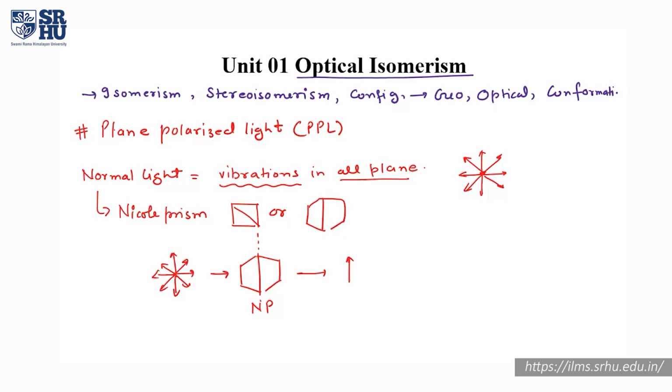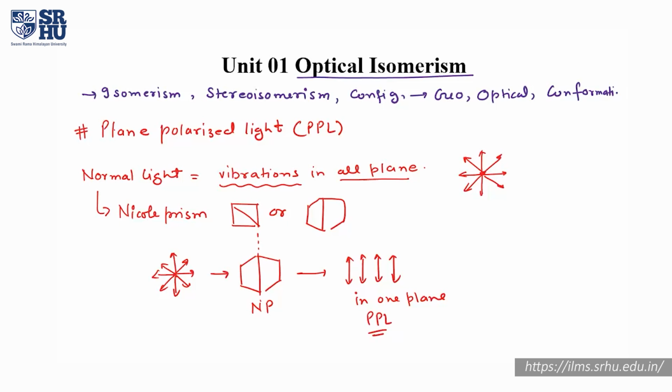Only those vibrations are left which are along the axis of the nickel prism. Because all these vibrations are in only one plane, such light is known as plane polarized light.